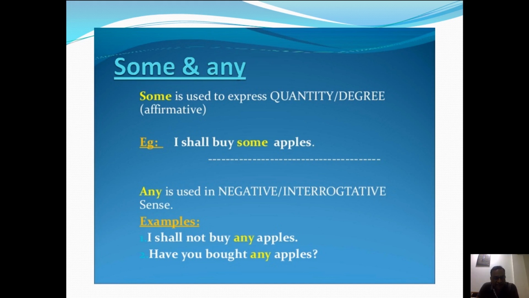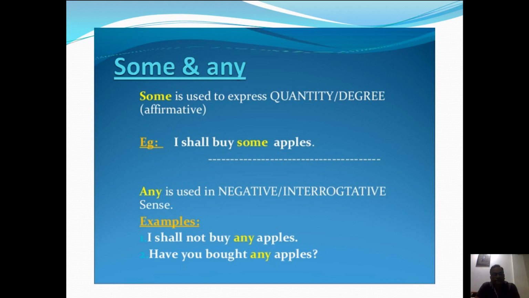What about any? Any is used in a negative or interrogative sense. Remember, some is used in affirmative sentences because it gives a positive way. With the examples you will understand.